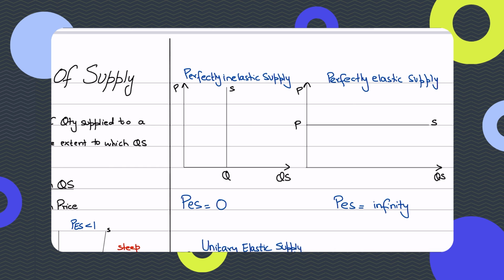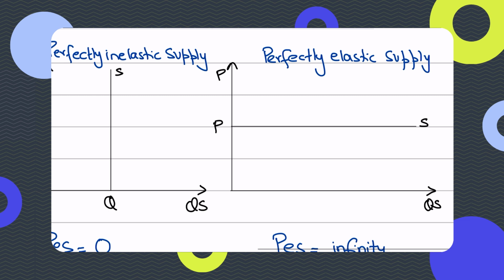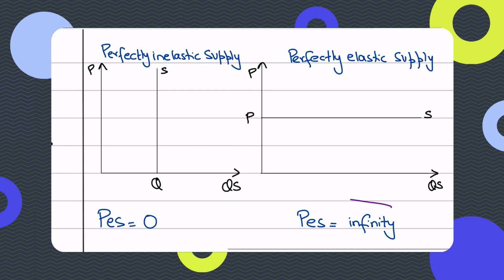Another example is perfectly elastic supply. Again, for MCQs only, this is important: you must know that PES equals infinity.